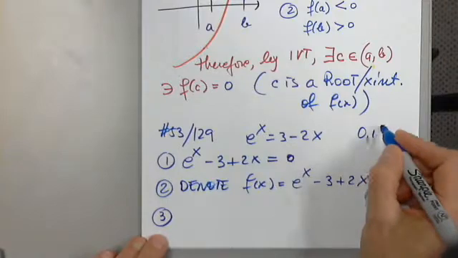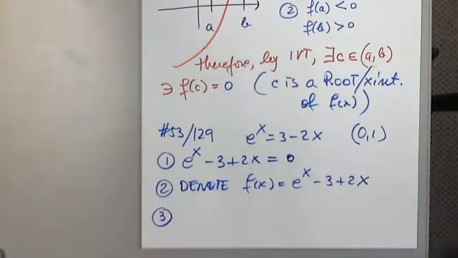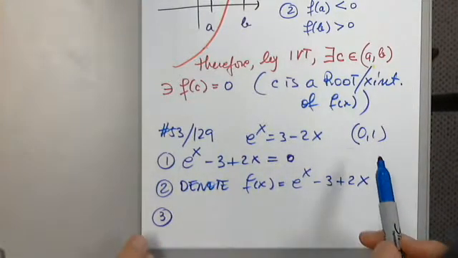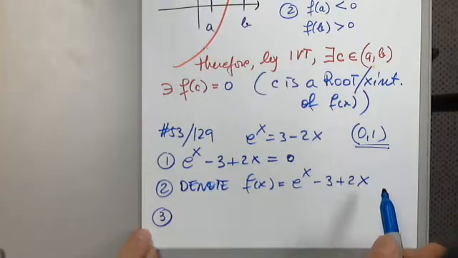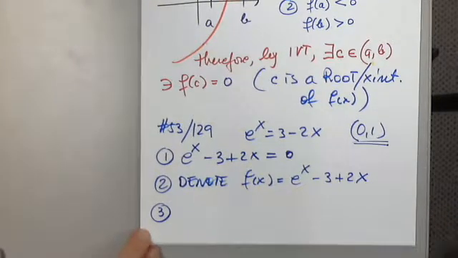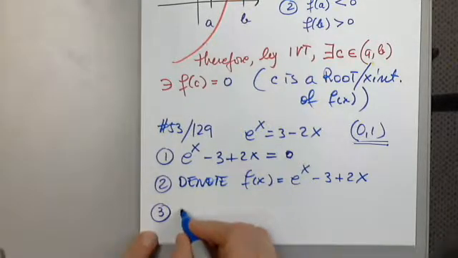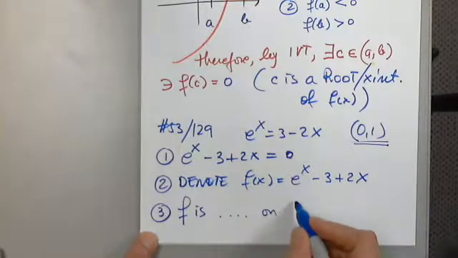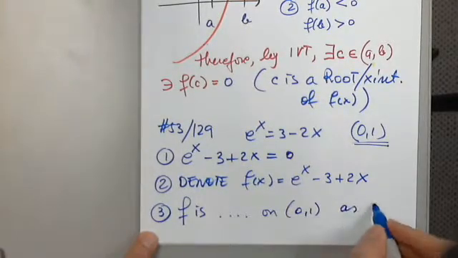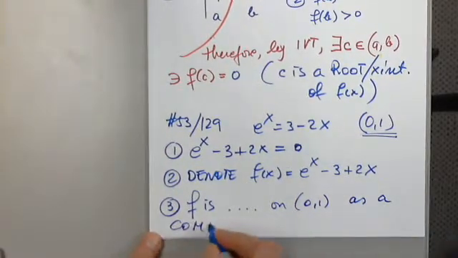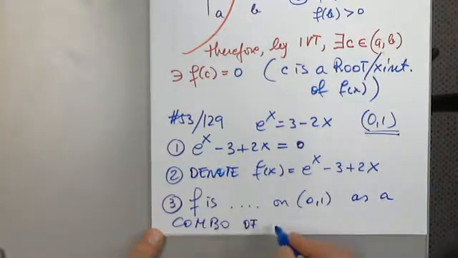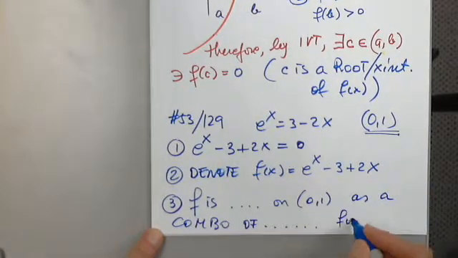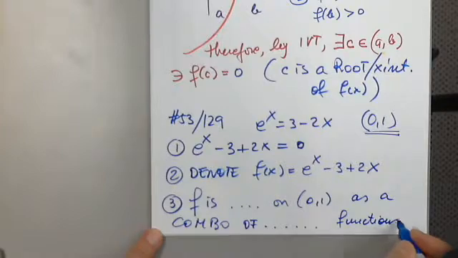So we are told [0, 1]. This is given to us. It will not be given to us in general, so I will show you an example in which the interval is not given to us. What can I say about the function? f is continuous on [0, 1] as a combination of functions. Which words am I missing?